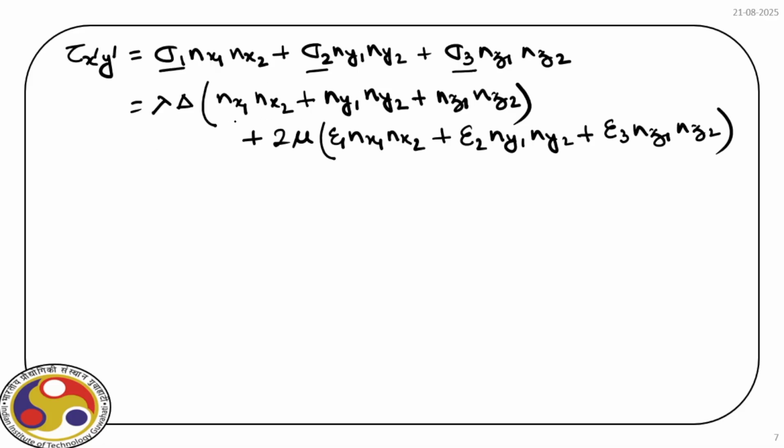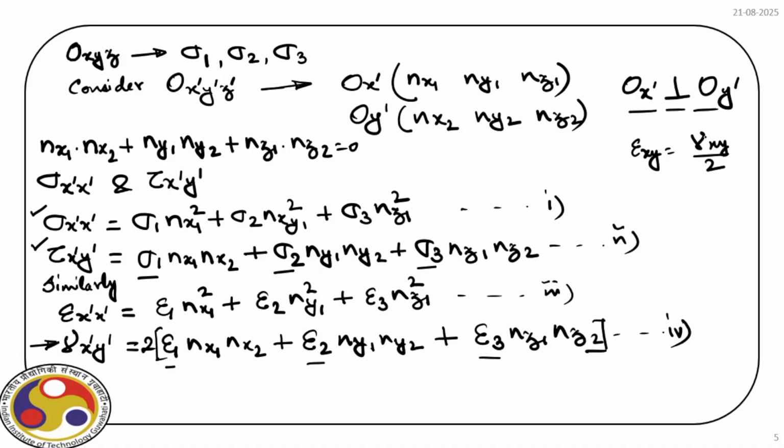Now, out of that, you can easily identify this quantity we have defined at the very beginning, because OH prime is perpendicular to OI prime. Obviously, we have this relation. That means nx1 nx2 plus ny1 ny2 plus nz1 nz2 is equal to 0.